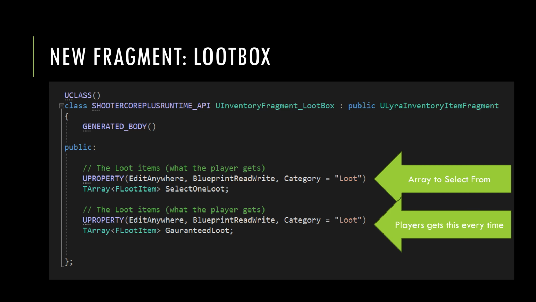And I may put a probability on that to say this rare item might be included 2% of the time. So the probability allows us to vary whether the items appear in the loot box. The 2 arrays say I can have certain things that are guaranteed the player will get, and certain things that the player can make a choice about. And of course, the probabilities allow us to randomize what's in that loot box.